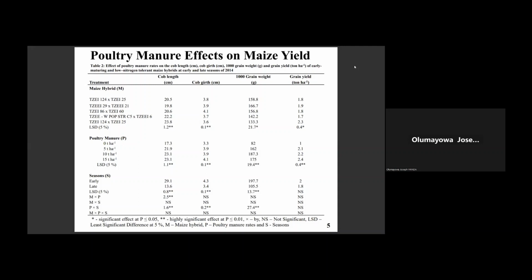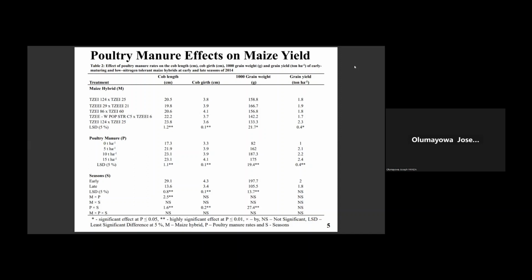On table 2, we have the effects of poultry manure on maize hybrid yield and yield components. Equally, there was a highly significant and significant effect on the yield components of maize hybrids, poultry manure treatments, as well as the season applied.